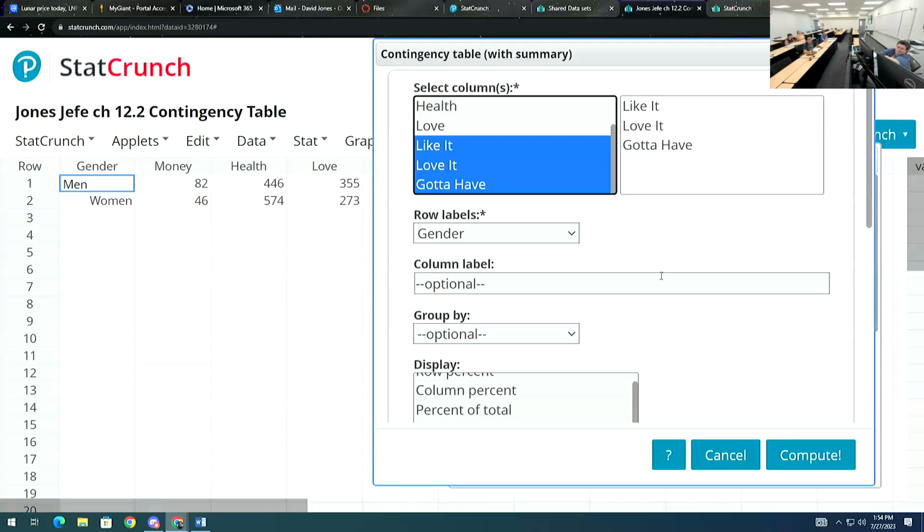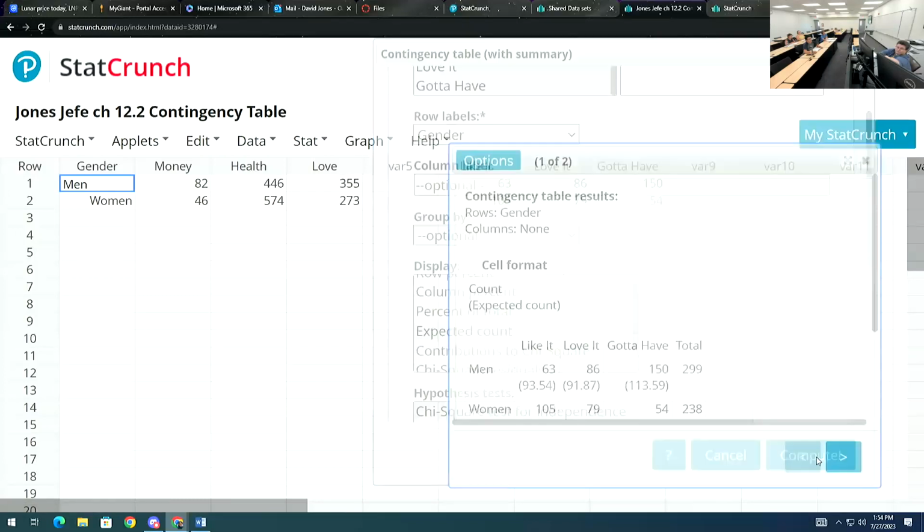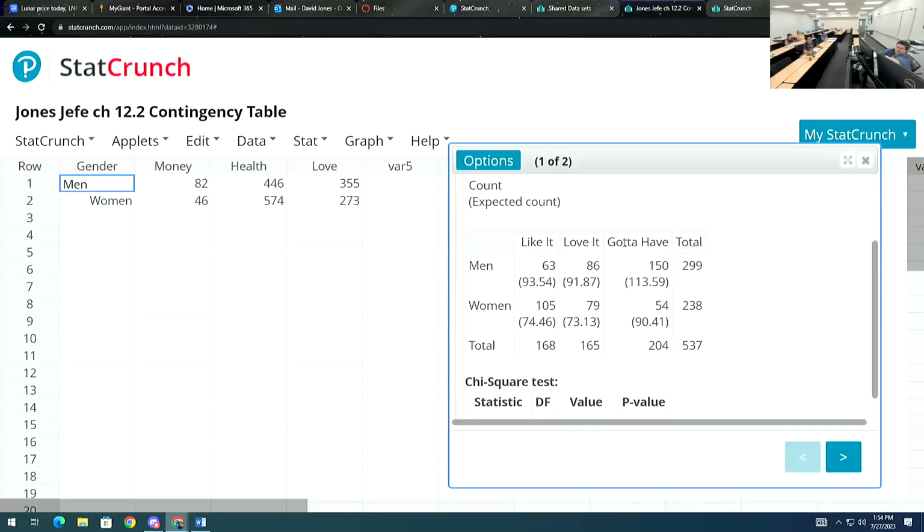Looking at some of the other options, I can do an edit and show expected count. Expected count shows in parentheses what should happen if gender doesn't have an impact. So 94 guys should have picked small, 92 guys should have picked medium, and 114 should have picked large. Fewer women should have picked small, down to 74.